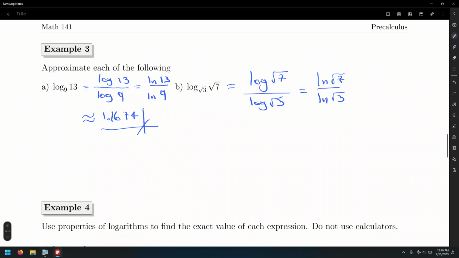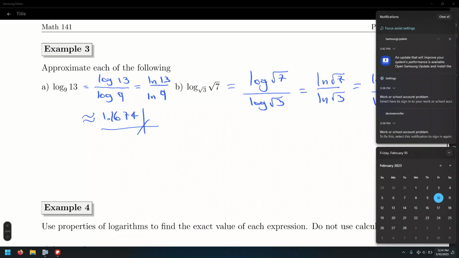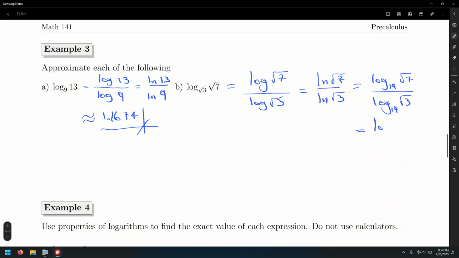But we can also convert this into, I don't know, maybe log base 19 of square root of 7 over log base 19 of root of 3, or even better, maybe log base 23 of square root of 7 over log base 23 of root of 3 rather.